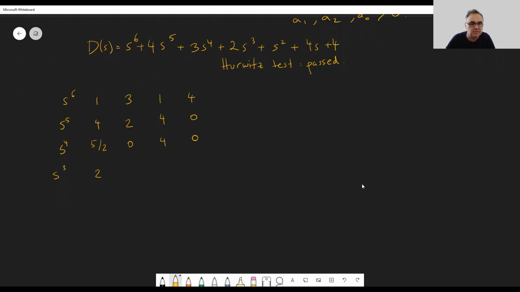Now this one, 4 times 5 over 2, which is 20 over 2, which is 10. 10 minus 16 is what? 6.